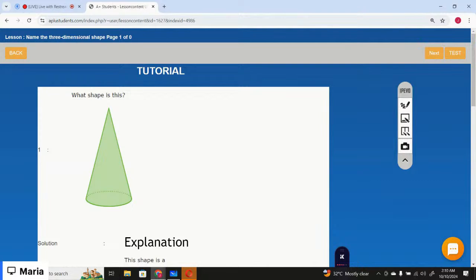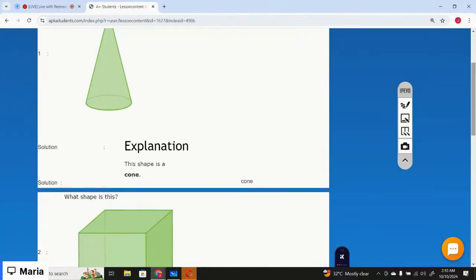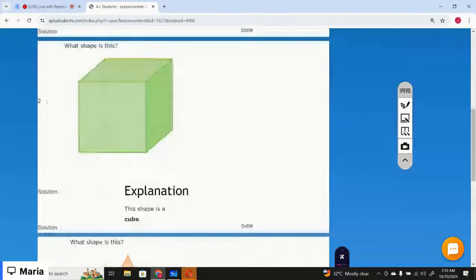Yes, that is a cone, right? Okay, what shape is this? Which is the correct option? The shape has six faces. So that is a cube, right?